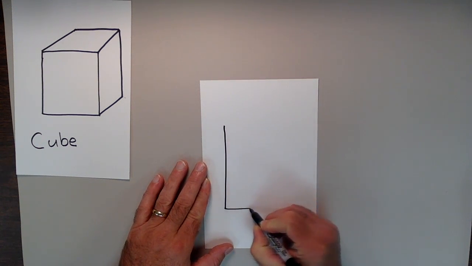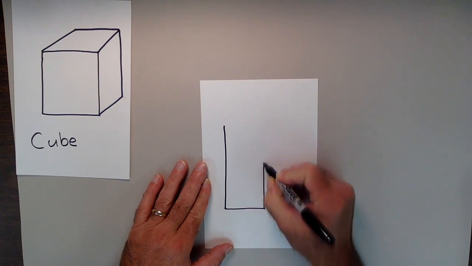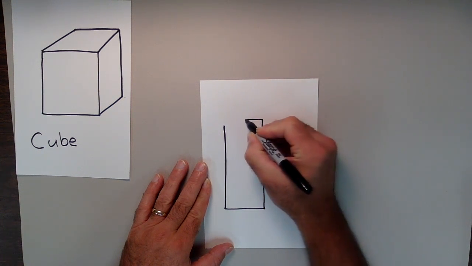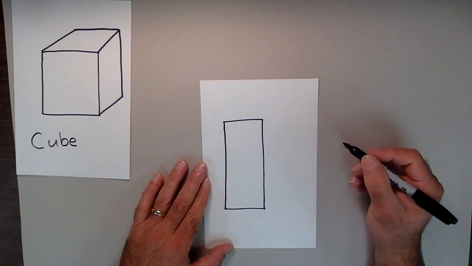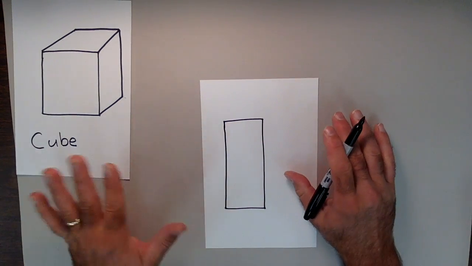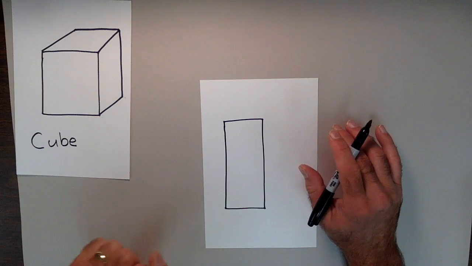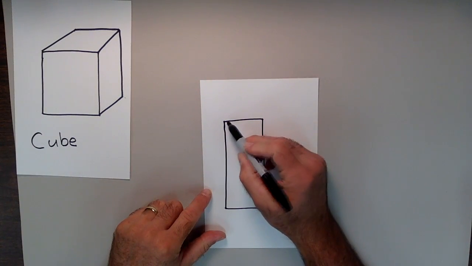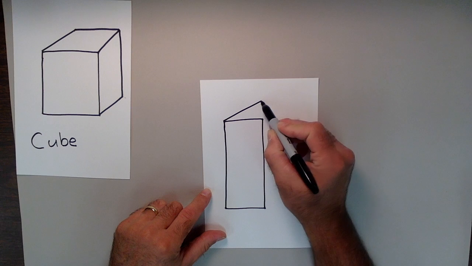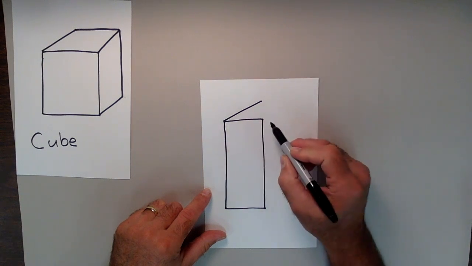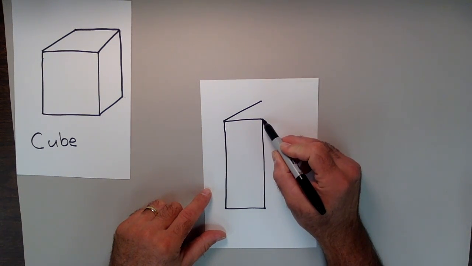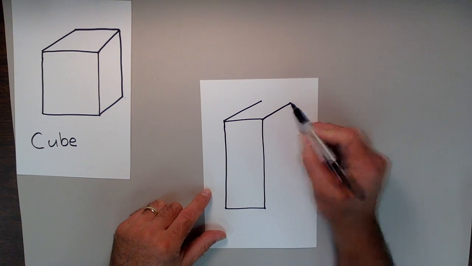So it's a vertical, horizontal, vertical, horizontal. And again, I have to do very similar steps to a cube. I'm going to start in the upper left-hand corner and do a diagonal up. I'm going to repeat that line over here on the upper right-hand corner, diagonal up.